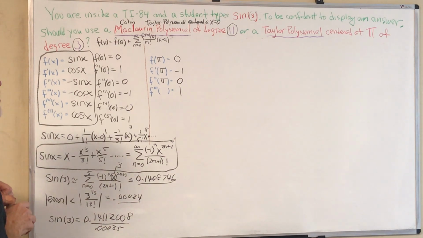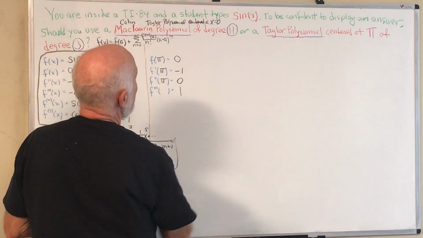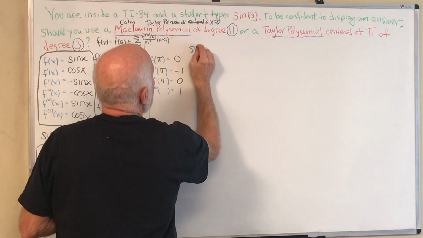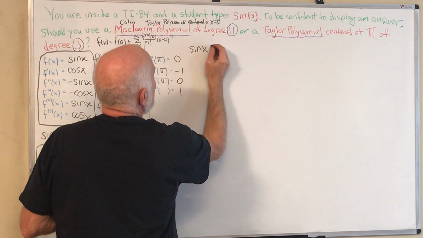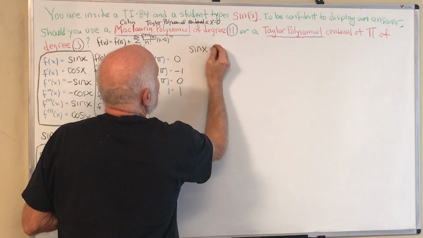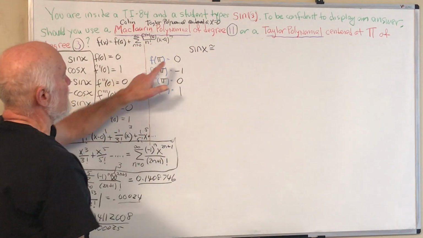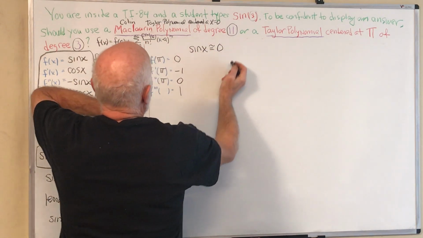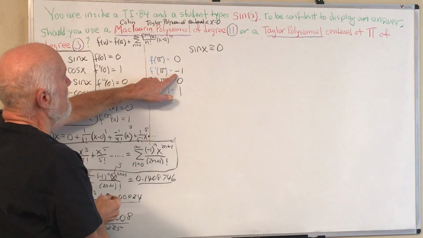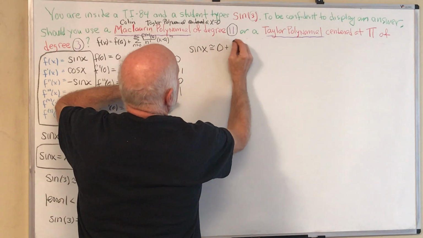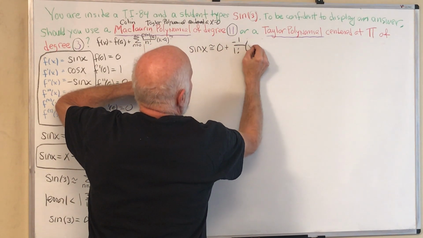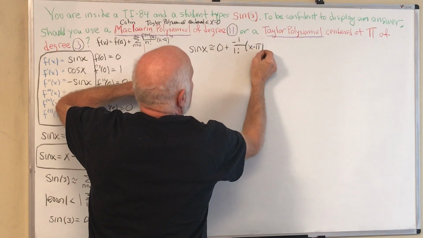So we're only going to a third degree Taylor polynomial. So we can say the sine of x is approximately equal to, and the first term would be 0, and then we go minus 1 over 1 factorial times x minus pi to the first.